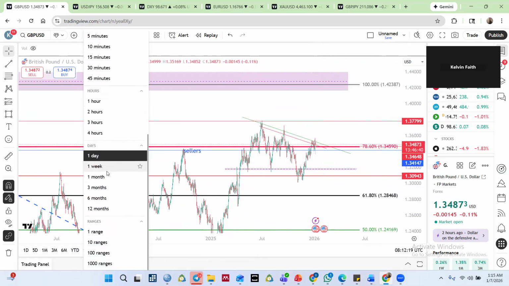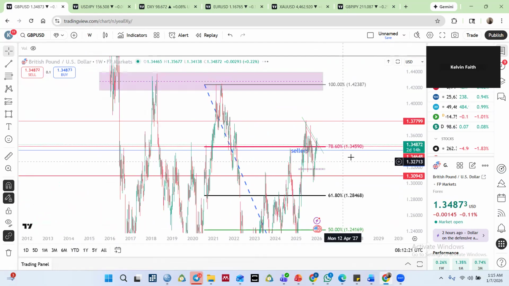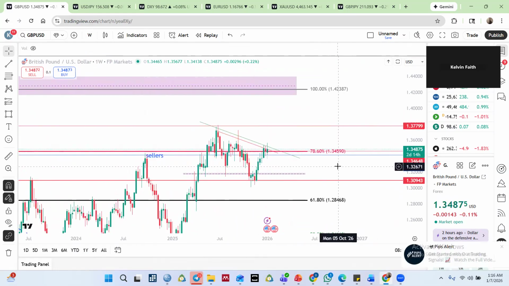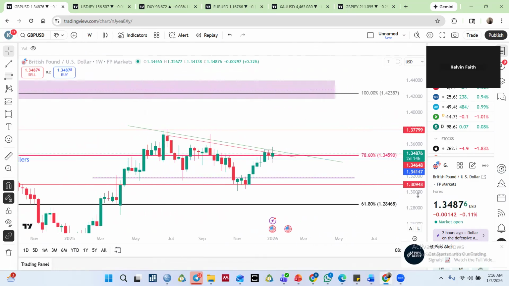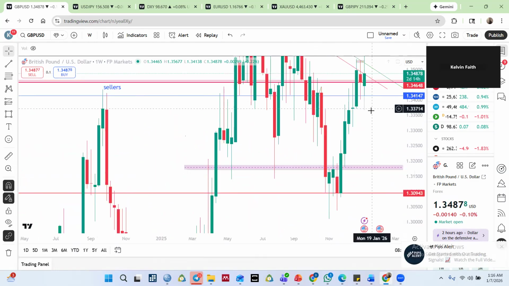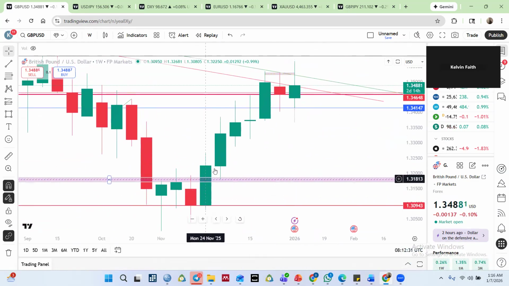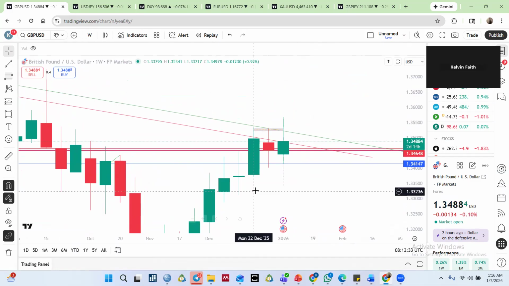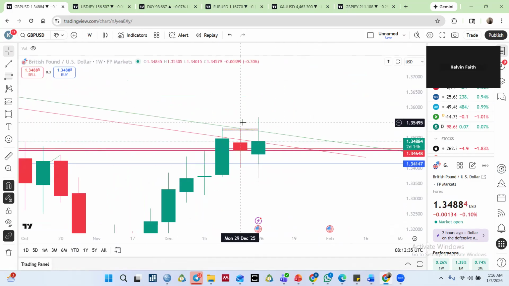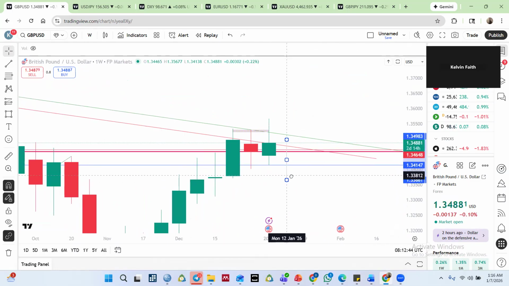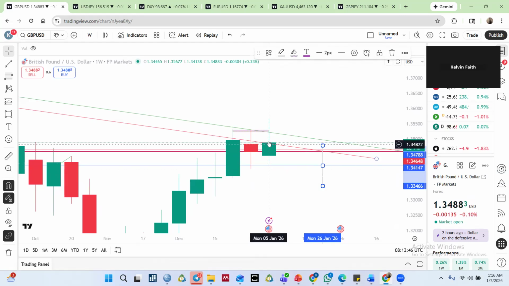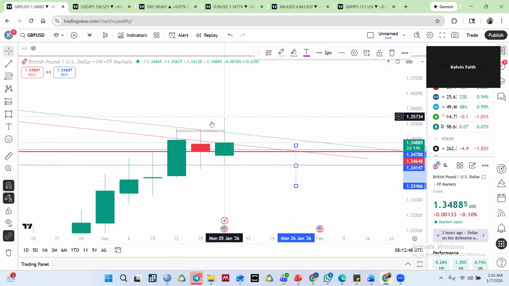Wow. Let's see the 1 month. Okay, so on the 1 month we are bullish, bullish, bullish, bullish, bullish, then a bearish candle, indecision, price drops down a little bit, pushes up, crashes the highs.